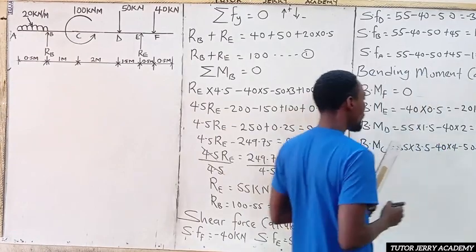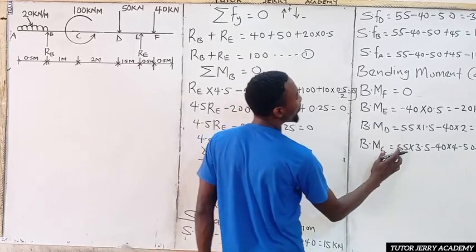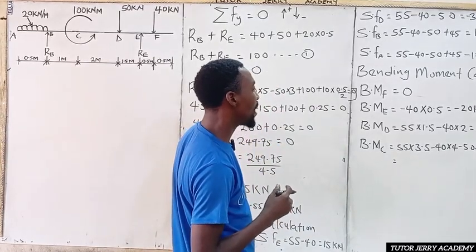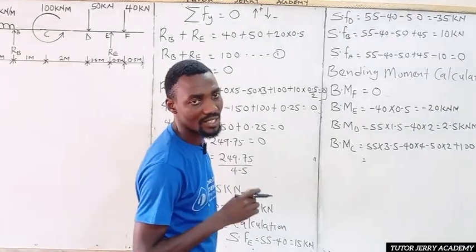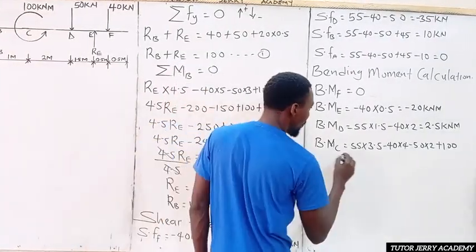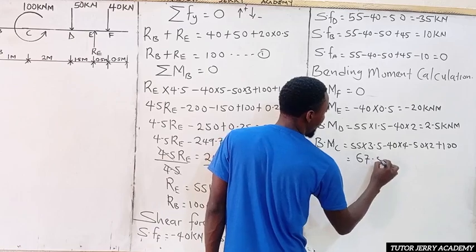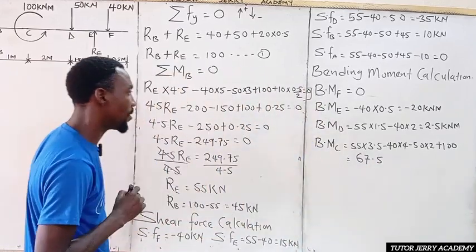All right. So if we say 55 multiplied by 3.5 minus 40 multiplied by 4 minus 50 multiplied by 2, we are going to have minus 67.5.